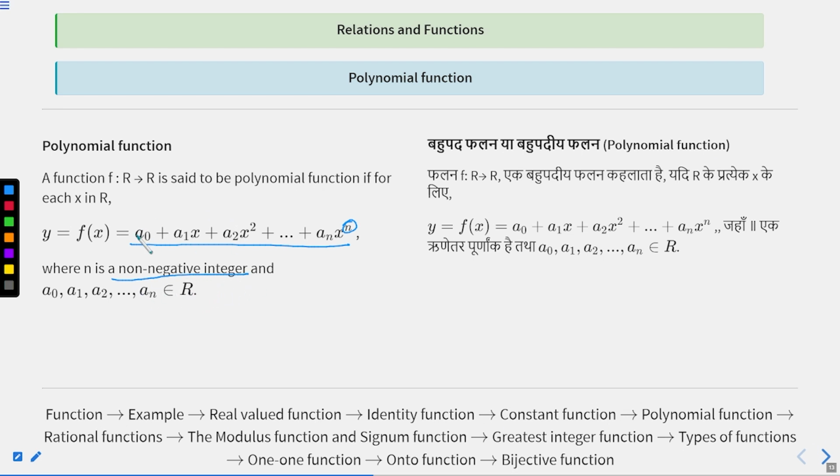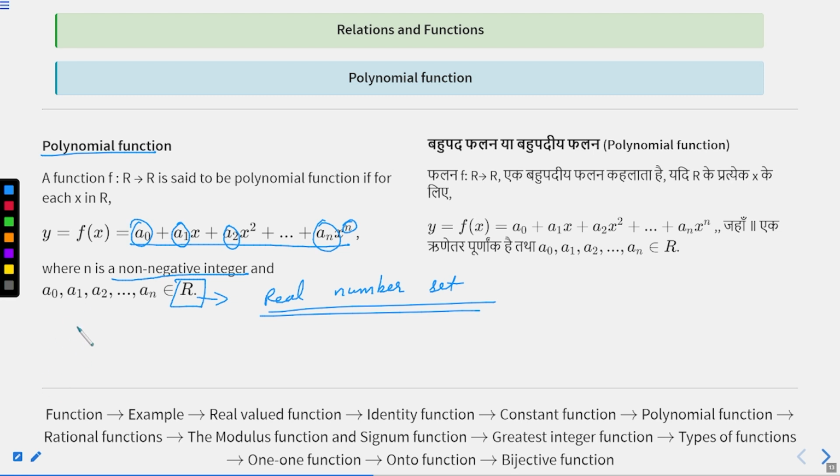And all these coefficients of x, x squared, and so on, these a0, a1, a2, an, are from what set? The real number set. So such a type of function we name a polynomial function.